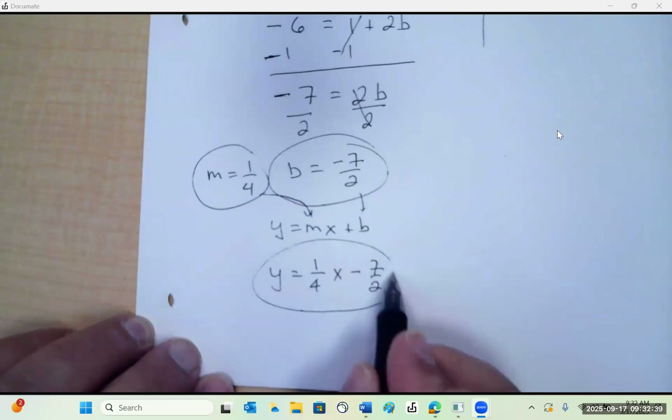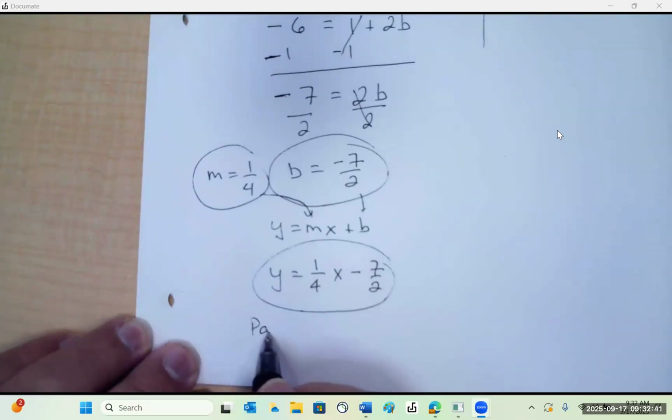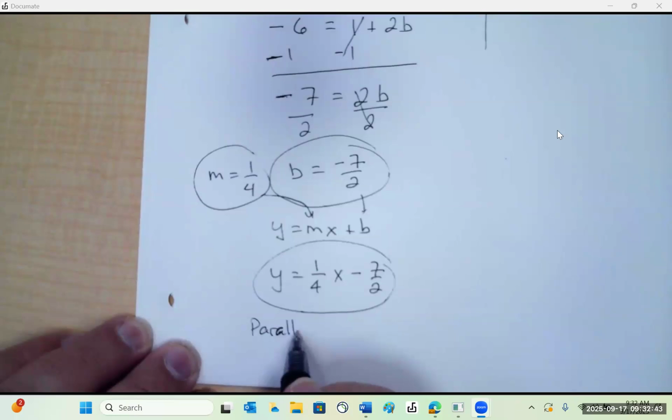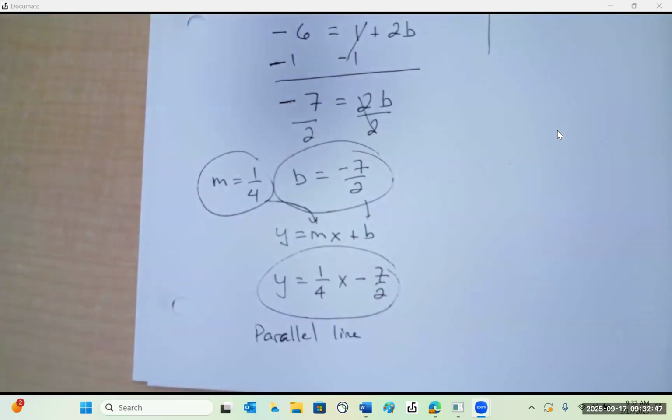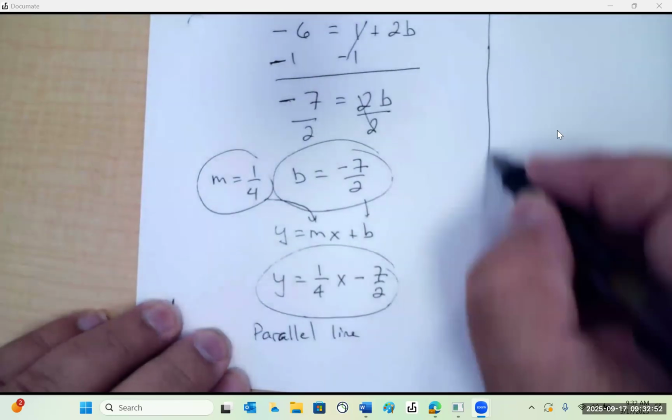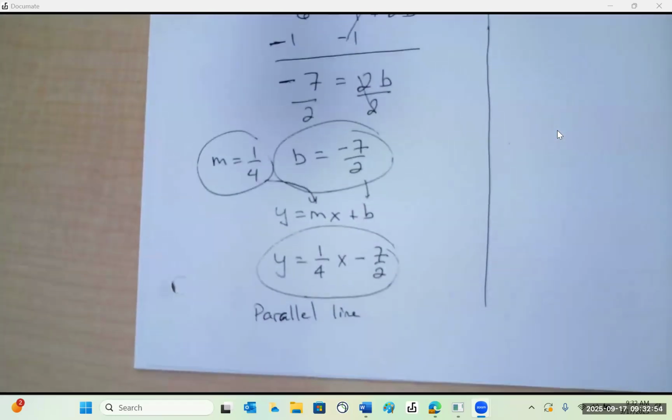This is the equation of the line parallel. So that was the answer to part A. Any questions about it?